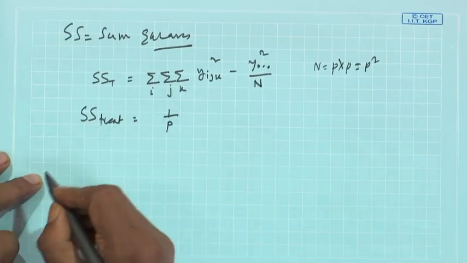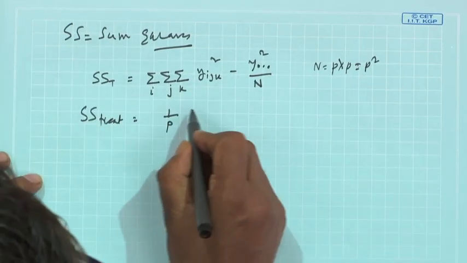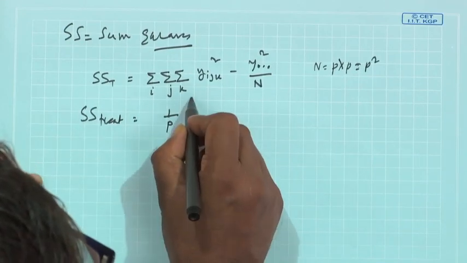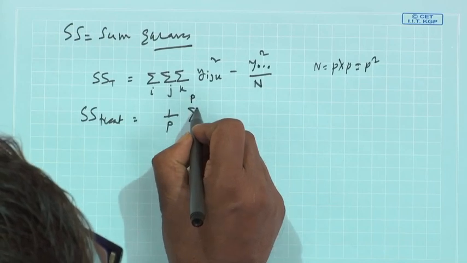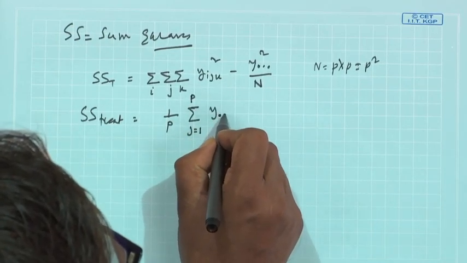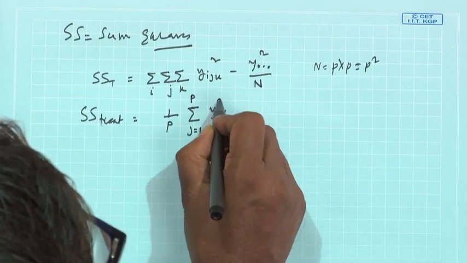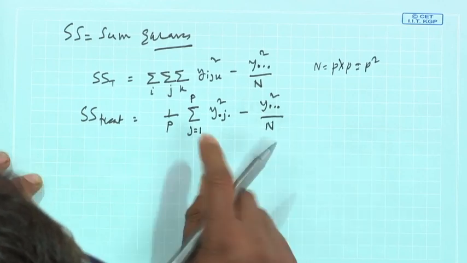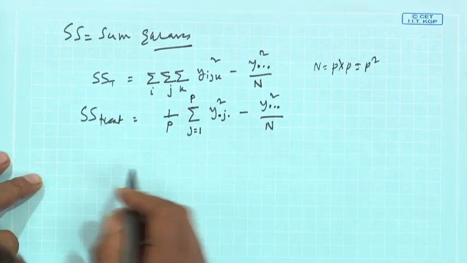There are p number of cases, so your j will vary from 1 to p, then y dot j dot square minus y dot dot dot square by n. So, j is changing.